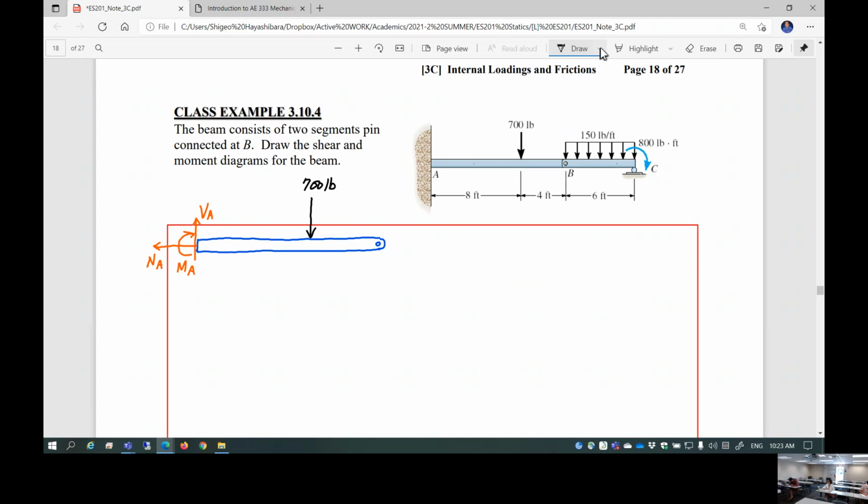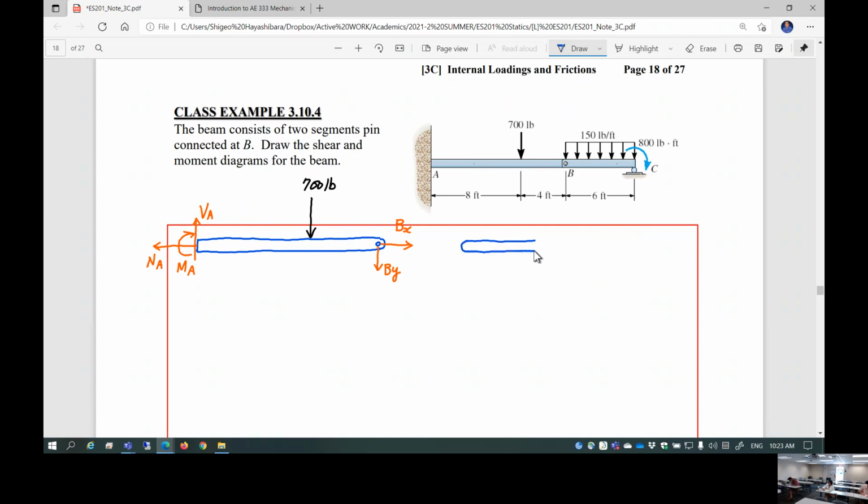Here's the B. Then, okay, well, this is a pin, so you have two unknowns. Reaction in X, it's BX. Reaction in Y, that's BY. The reason why I'm choosing negative and this way is I'm trying to still follow the sign convention. Member BC is the rest of the members.